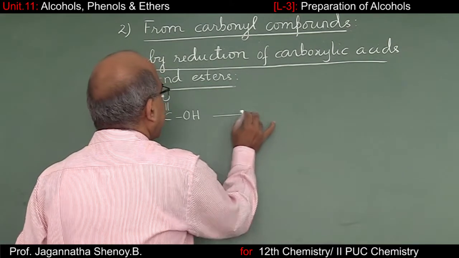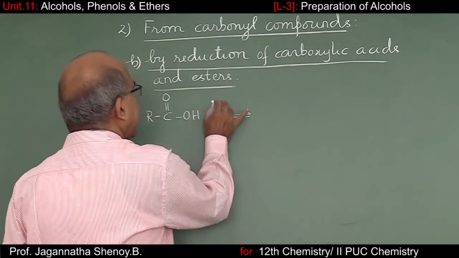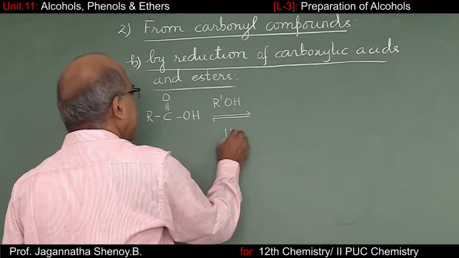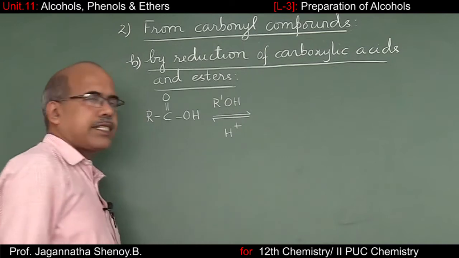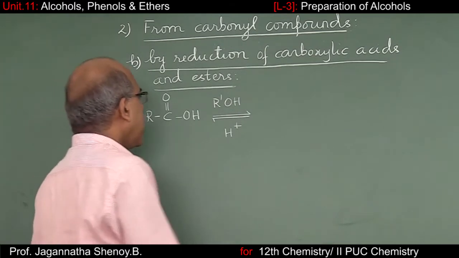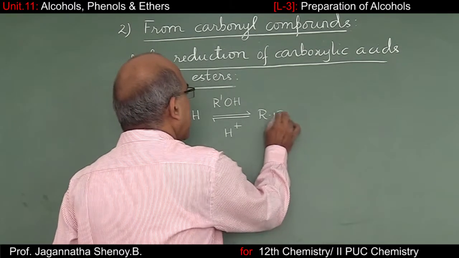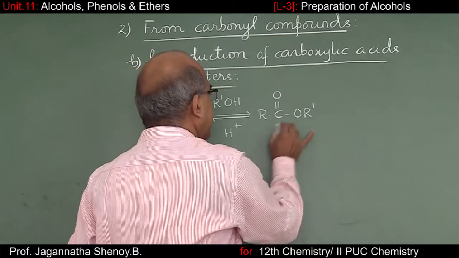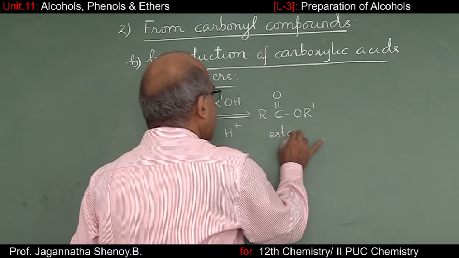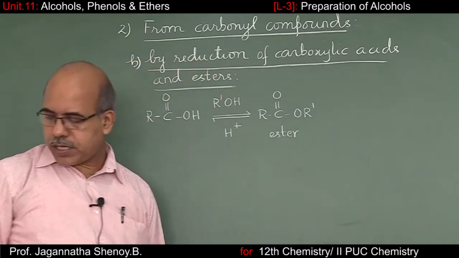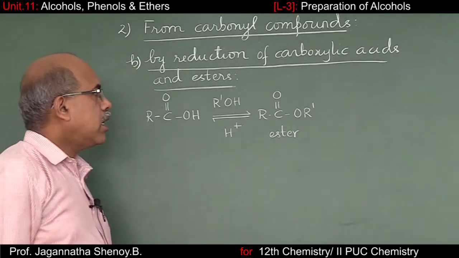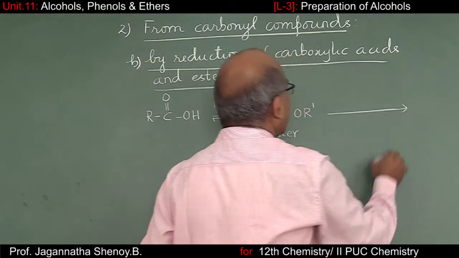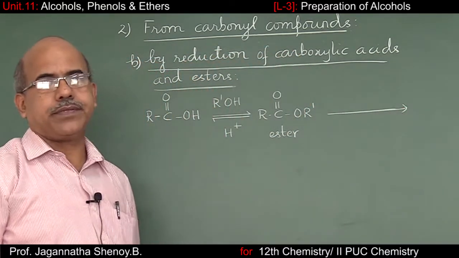You know, esterification reaction is carried out in presence of an alcohol, in presence of an acid catalyst. This should give you an ester, RCOOR dash. So what is obtained? An ester is obtained. And whatever ester is obtained should be subjected to reduction.